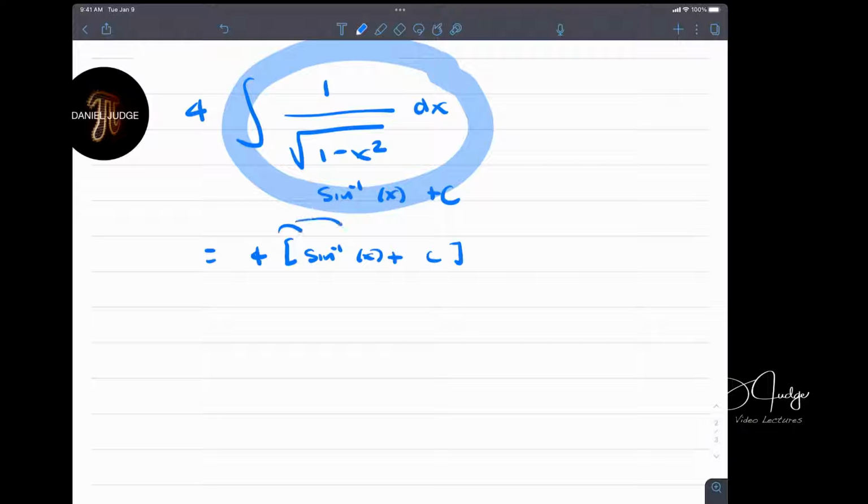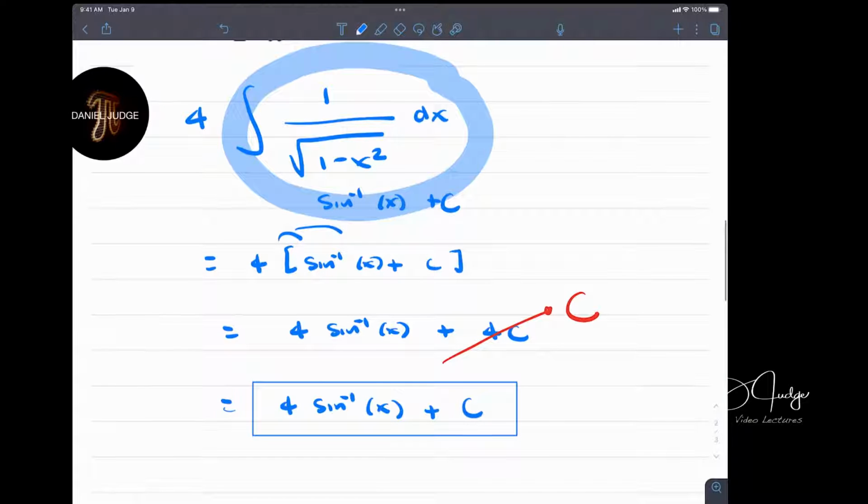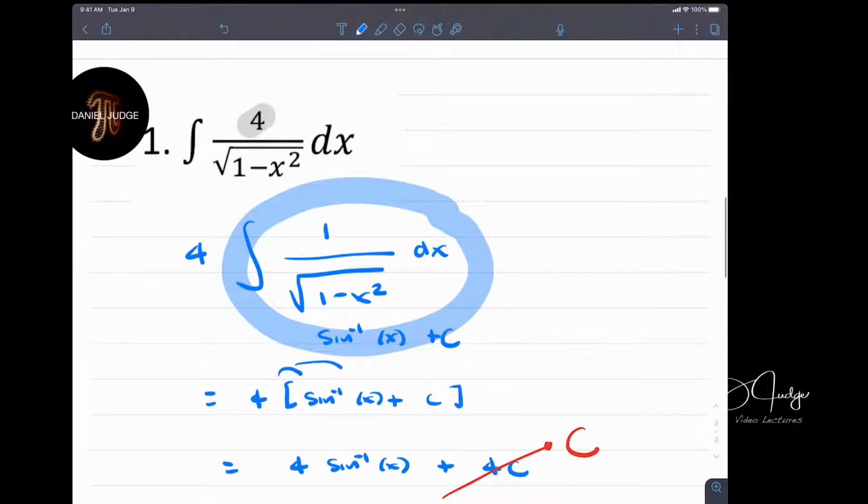And now we could distribute 4 inverse sine x plus 4c here. And this whole thing is a constant. And there you go. Okay, so this is how we handle question number 1.